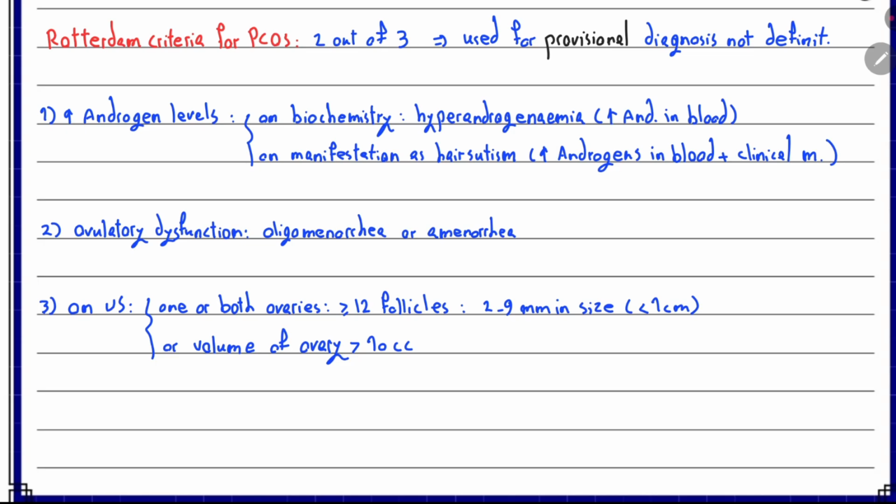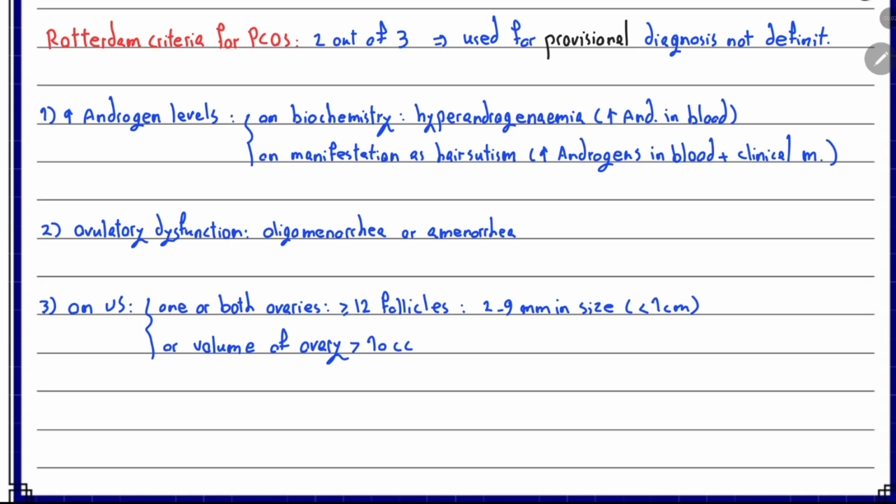The second criterion that should be present is ovulatory dysfunction, as I told you, because these follicles don't ovulate. We can see amenorrhea. What does amenorrhea mean? It means the patient doesn't have menses. Or oligomenorrhea, it means she has menses, but the duration between uterine bleedings is much longer, approximately greater than 35 days each period.